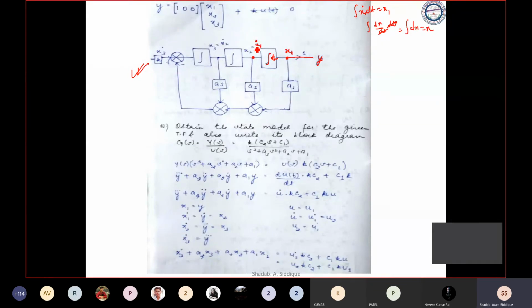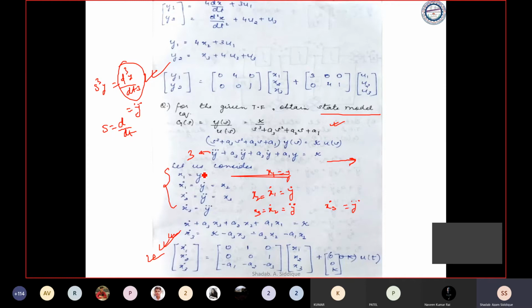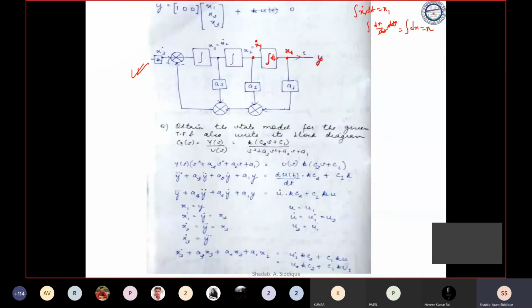Now what we have assumed in this, x1 dot is equal to x2, which is given here. I hope till now it is clear. Now if we want to have x2, we should have x2 dot before the integrator.